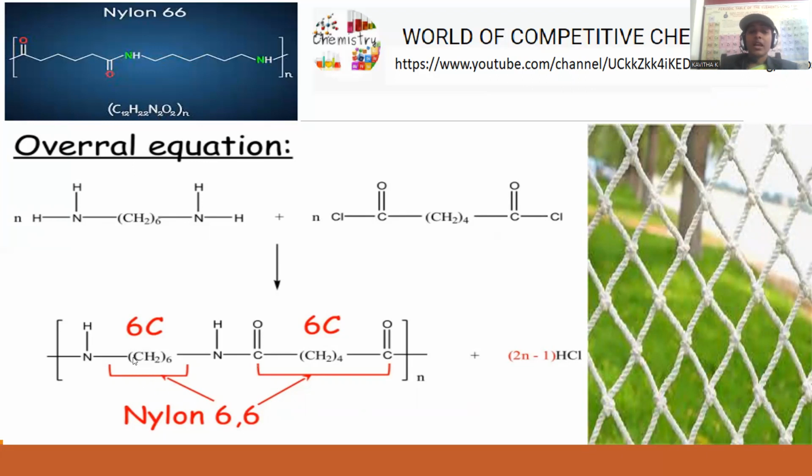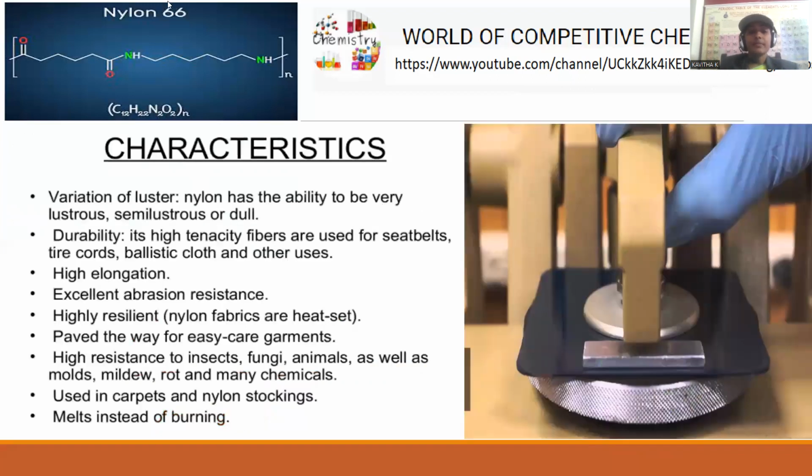One monomeric part consists of 6 carbons, and the other also has 6 carbon atoms. Finally, nylon 66 is originated with the amide linkage. A number of repeated units combine so that a long chain polymer is obtained, and we are familiar with the nylon nets available in sports grounds as well as for fishing purposes.